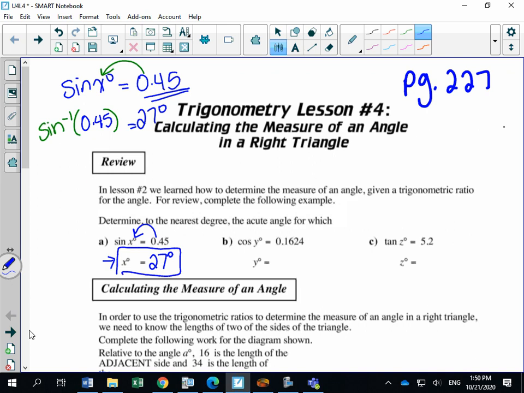Can you please calculate angle Y for me and angle Z? And then I'll ask 2 different people. So angle Y and angle Z, to the nearest degree.